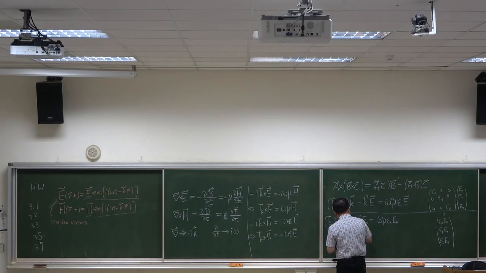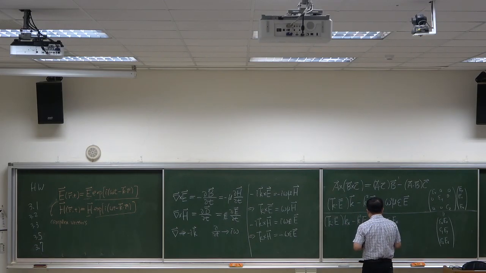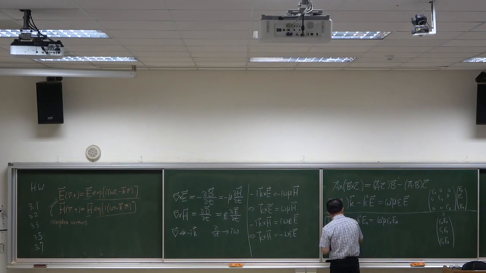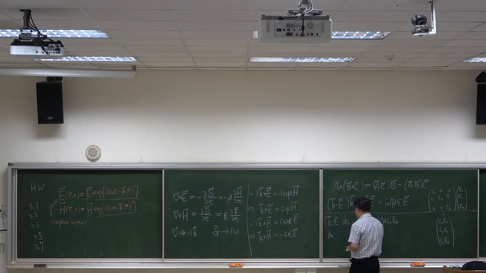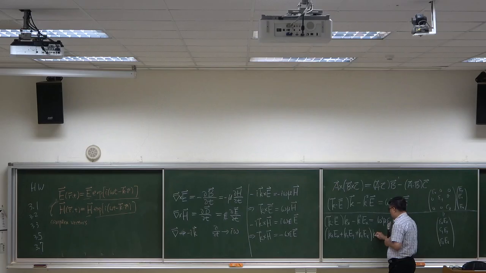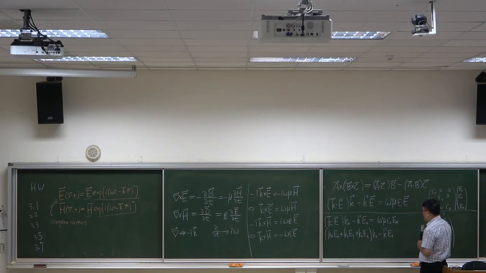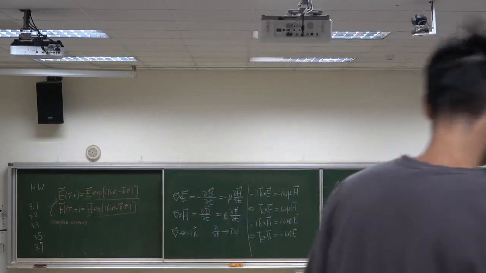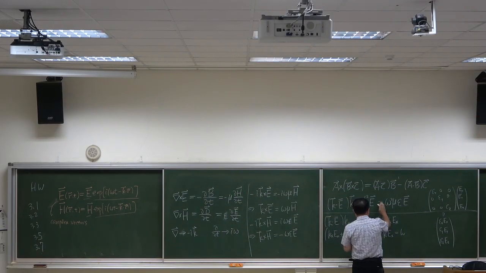And we can rewrite this as Kx Ex plus Ky Ey plus Kz Ez times Kx minus K squared Ex is equal to... sorry, here we have a minus sign.